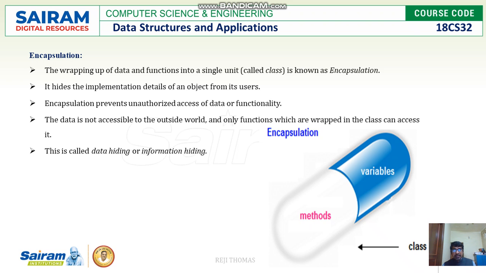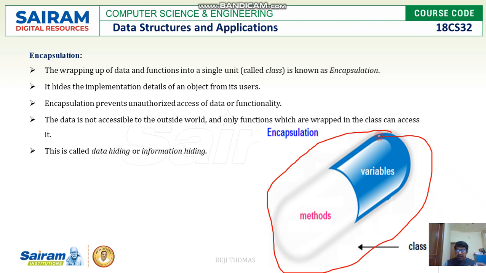It is something like the capsules we are familiar with. We have no idea what is inside; obviously, medicines will be there. In the same way, in object-oriented programming where encapsulation takes place, you will find the methods. When I say methods, I mean the functions and the variables or data associated with them.